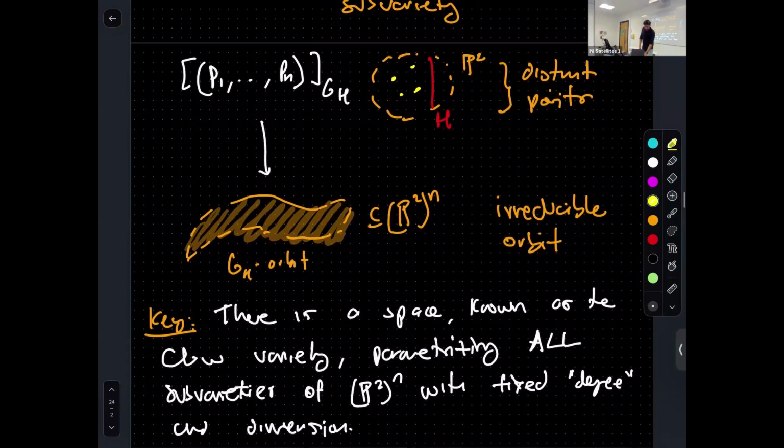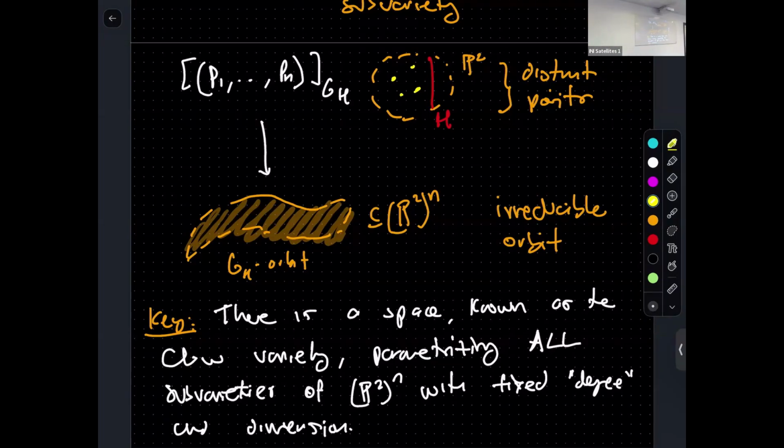So this means that for every configuration of points, I have an orbit. In another configuration, I will have another orbit. I have different orbits and these are irreducible varieties. Now, there is a space, the Chow variety, that parameterizes all subvarieties of P2D with fixed degree and dimension.